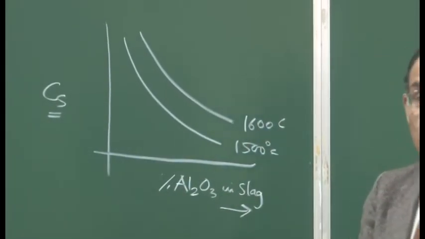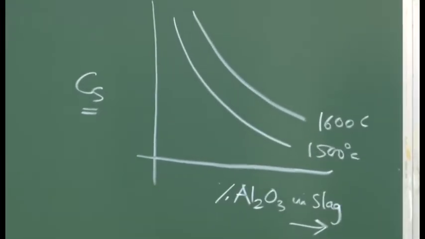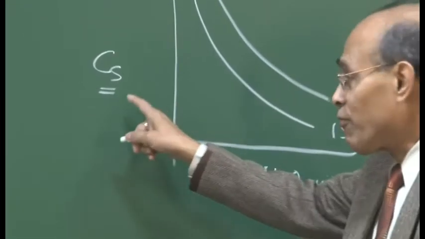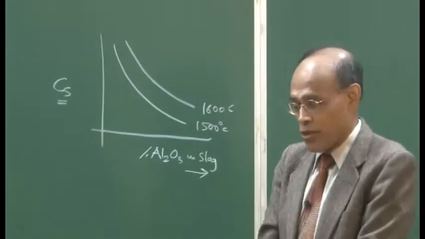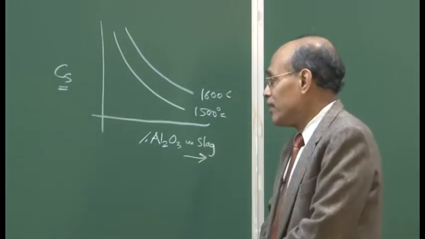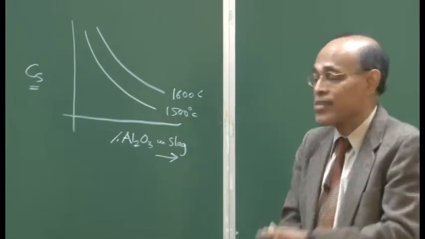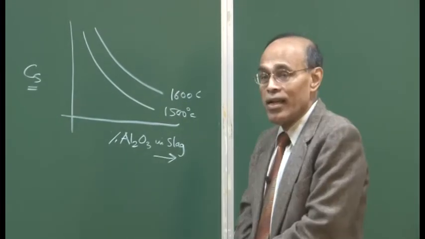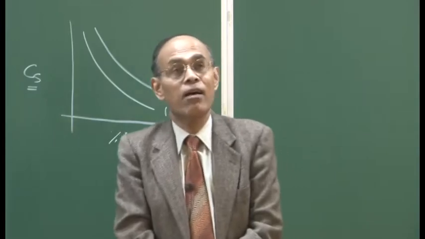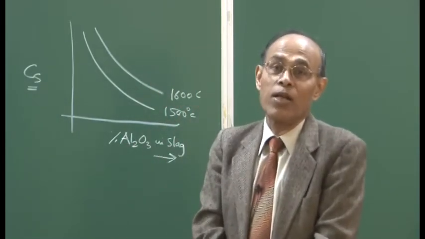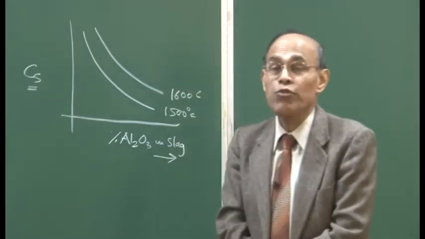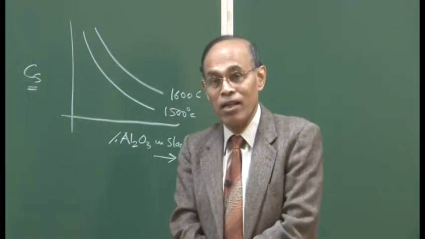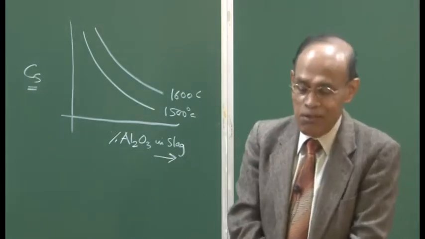For that I have written an expression, where I have shown that the sulfide capacity, the activity coefficient of sulfur in the metal and the activity coefficient of sulfide in the slag are the factors which will enhance the value of LS, and on the other hand the oxygen potential of the metal will have a completely opposite influence on the partition coefficient. That means the more dissolved oxygen in the metal, the lower the value of the partition coefficient.